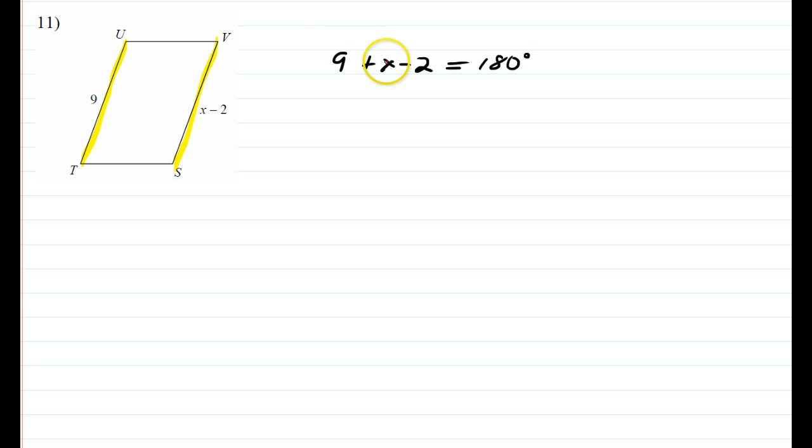I don't want you to write that because that's absolutely wrong, because the degrees talks about an angle. Here we're talking about sides. So we would never want to say that 9 plus x minus 2 is equal to 180 degrees. One's talking about the length of a side, whereas one's talking about the angle measurement.